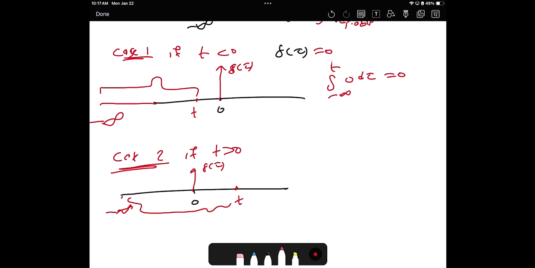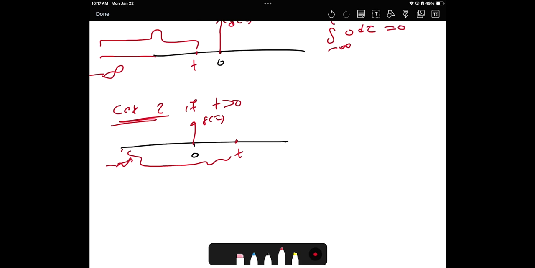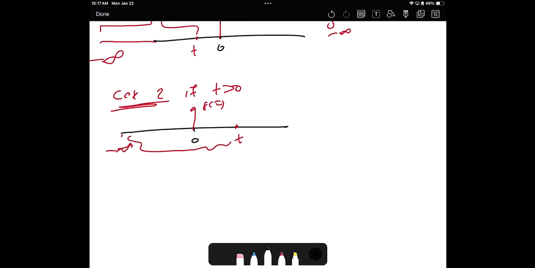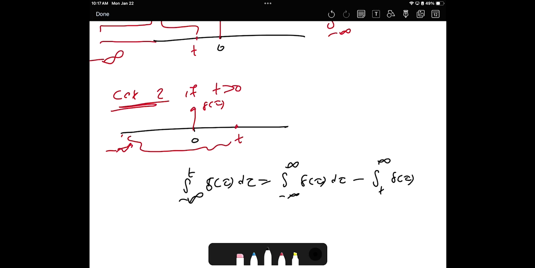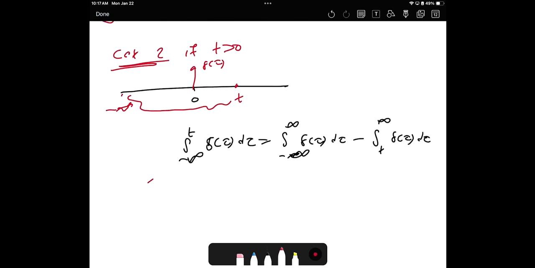We can split the integral from negative infinity to t of delta tau d tau into two parts: the integral between negative infinity to infinity of delta tau d tau minus the integral from t to infinity of delta tau d tau. I think you know this from calculus, so just a quick review.